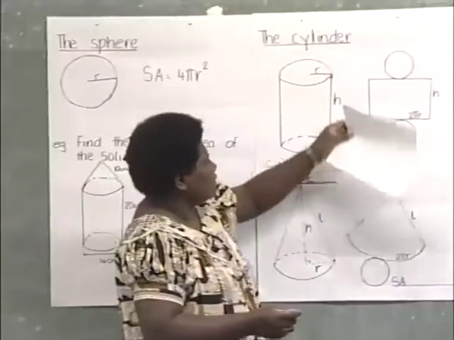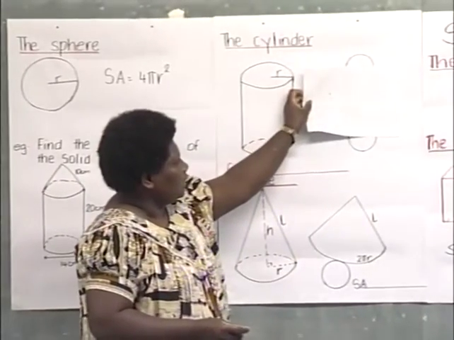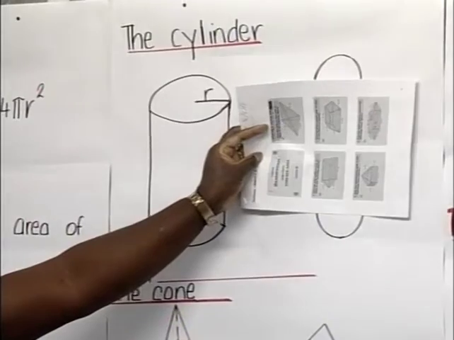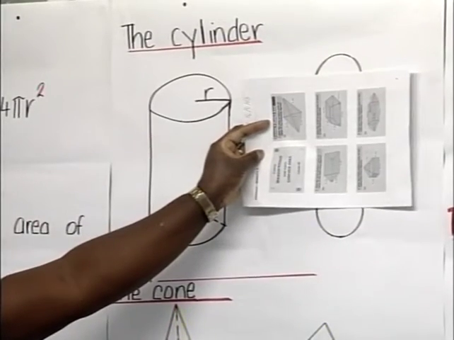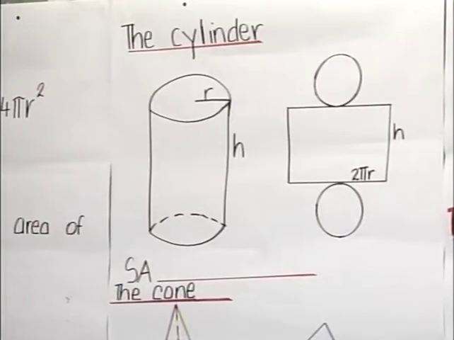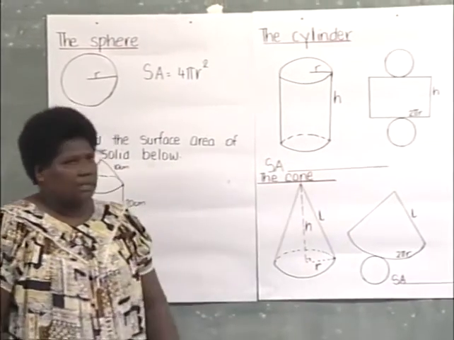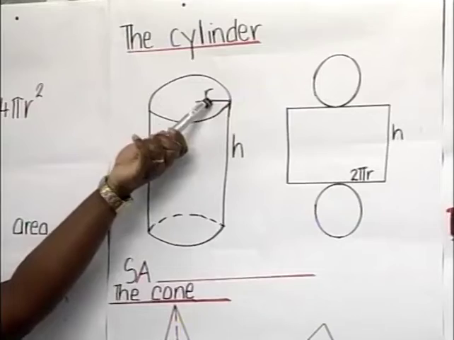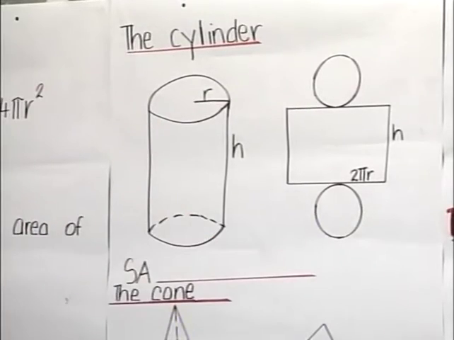All right, so this will represent that. Sorry, let me just turn it so that it's a different color. Okay, the body is represented by that plus the two circular ends. So what is the surface area of a cylinder, knowing that it has a radius of r and a height of h?